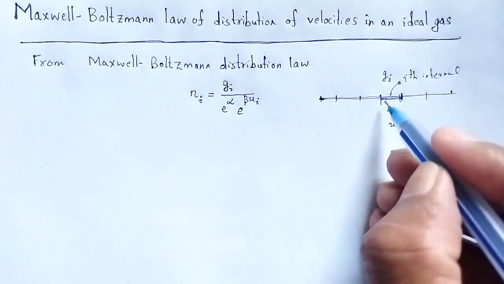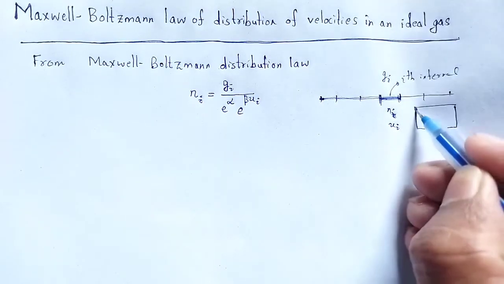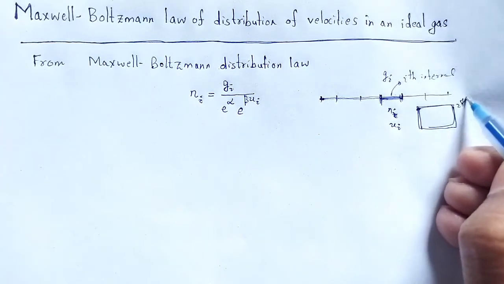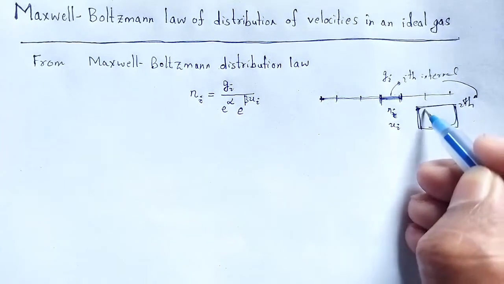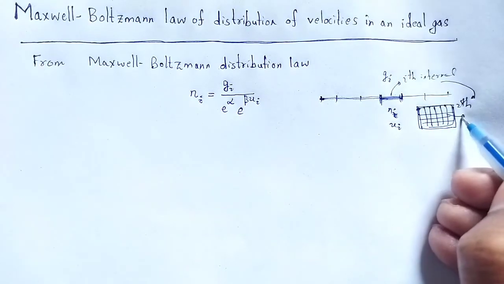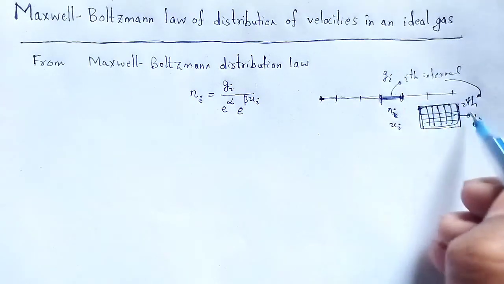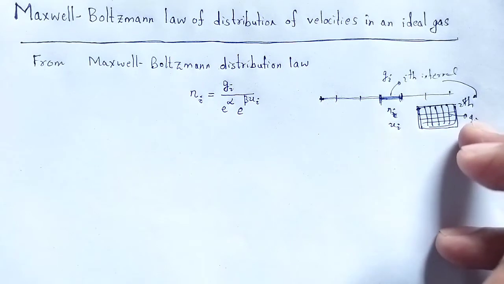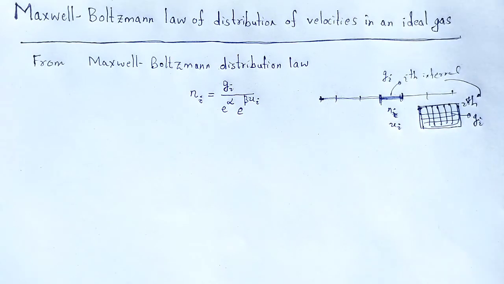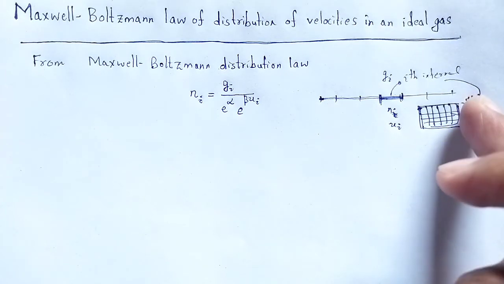If I take the ith compartment, the ith interval, it is divided into Gi number of elementary cells, which is known as the elementary phase cell.